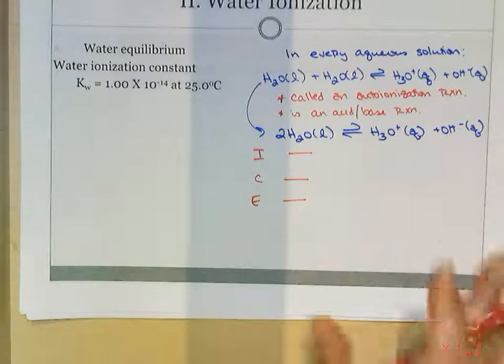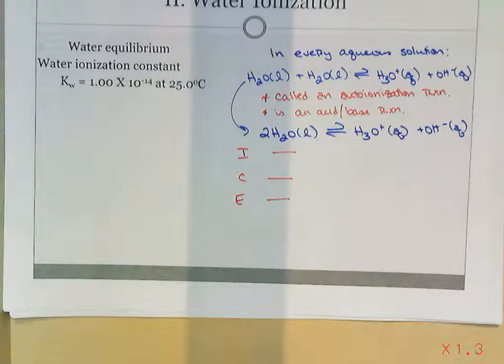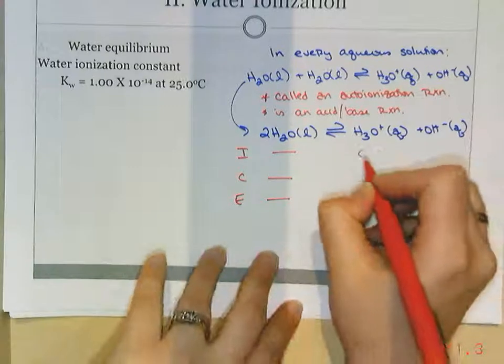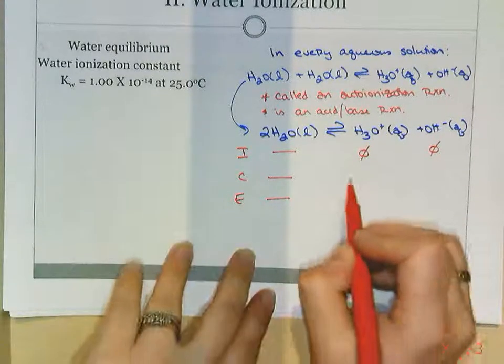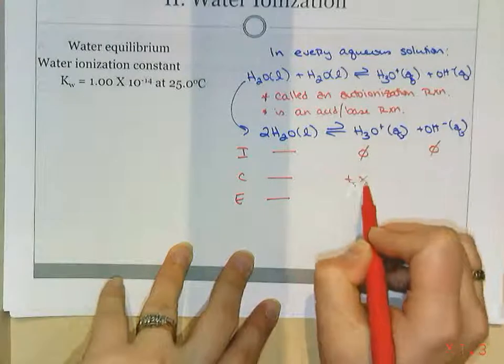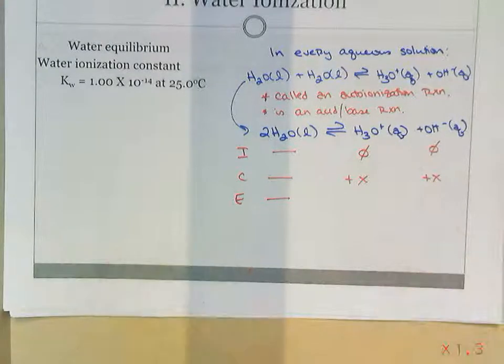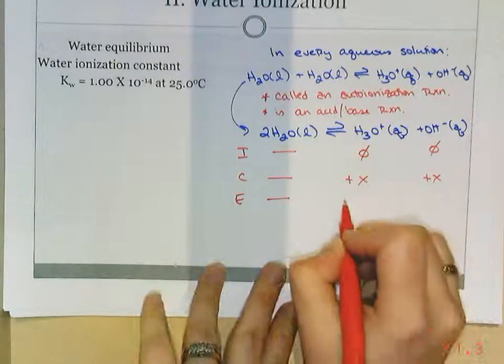Imagining that I started off with pure water initially and 0 of those two components, I would gain some amount x, which then makes my equilibrium right there.